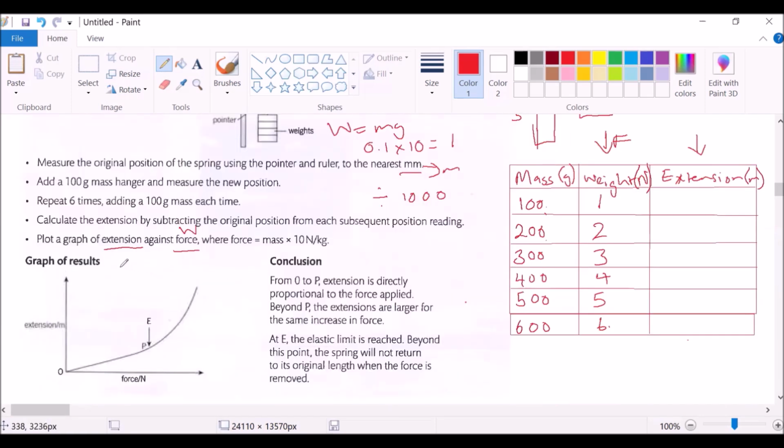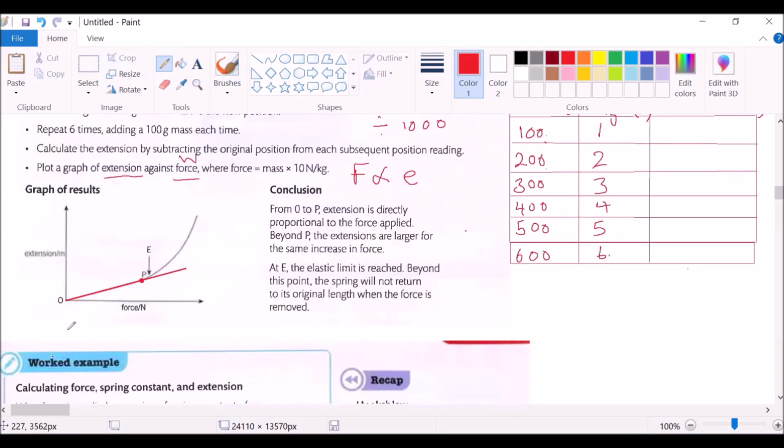Now the graph of extension against force for a spring is a straight line up to a certain point. From O to P, extension is directly proportional to the applied force. So force is directly proportional to extension because we have a straight line. Beyond P, the extensions are larger for the same increase in force.